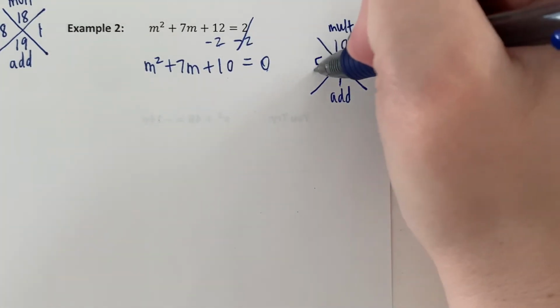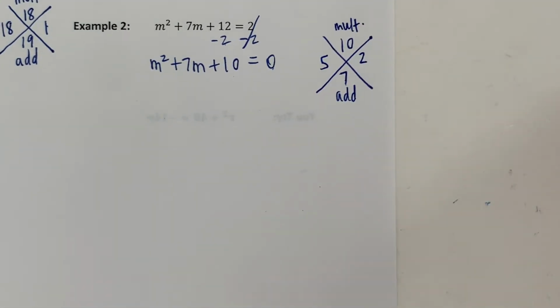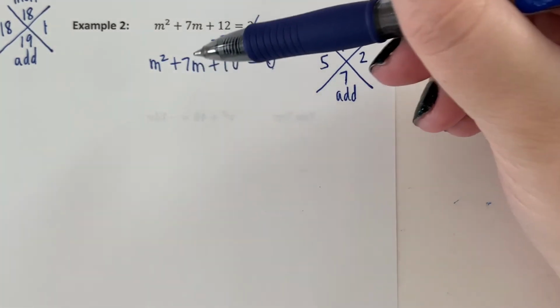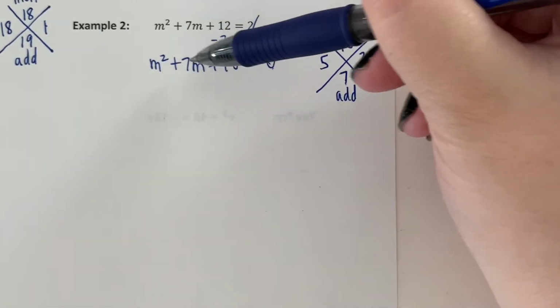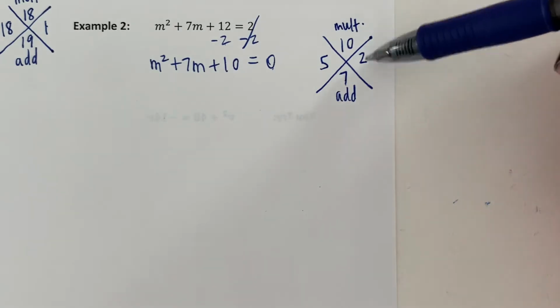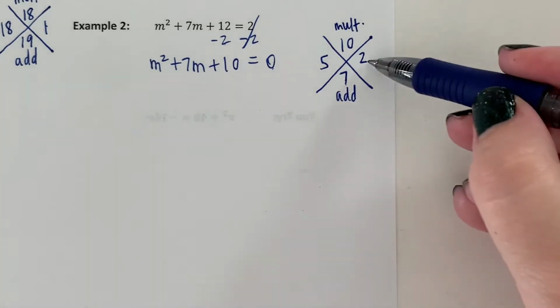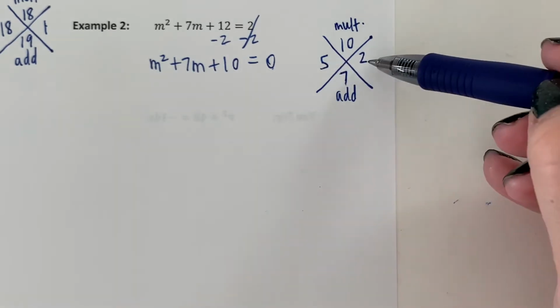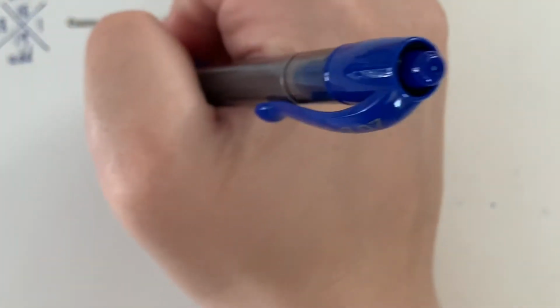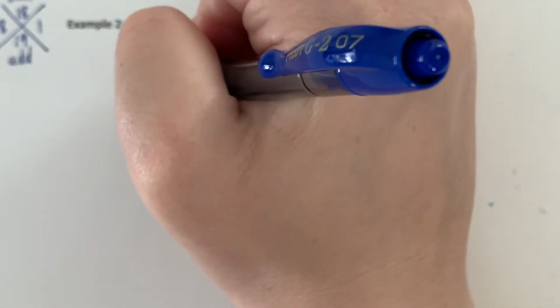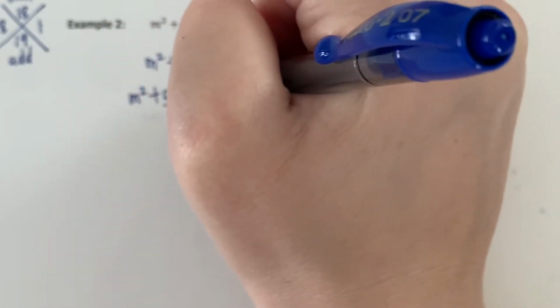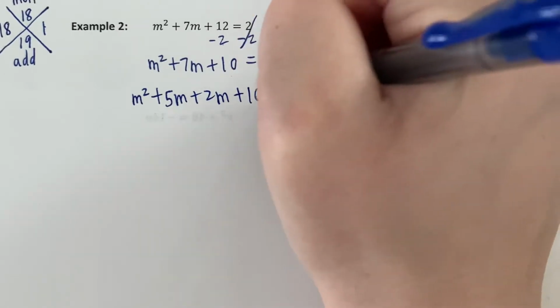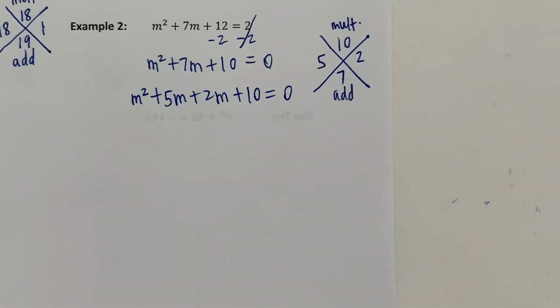And perfect, 5 plus 2 will add to 7. So this means now I will split my middle term, 7m, I'll split it into 5m plus 2m. If you wrote this the other way around, and if you instead do 2m plus 5m, that's totally fine. So here I'll have m squared plus 5m plus 2m plus 10 equal to 0.